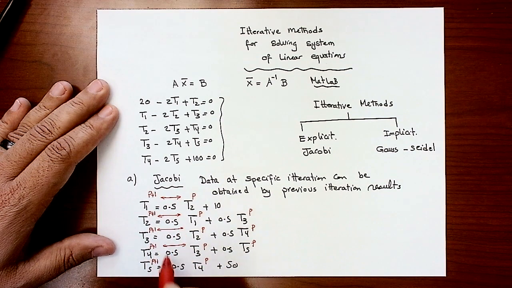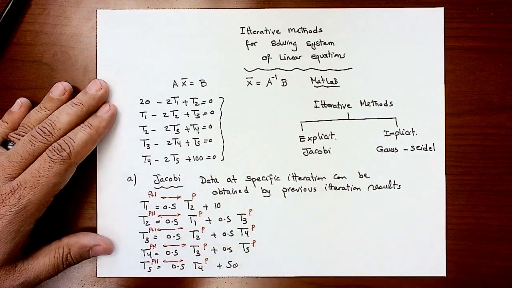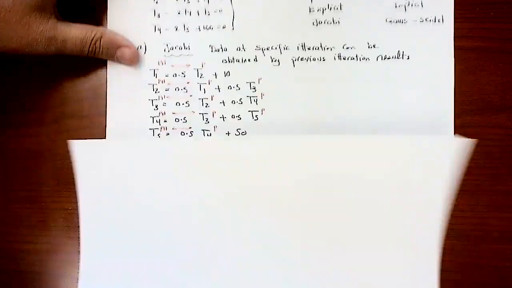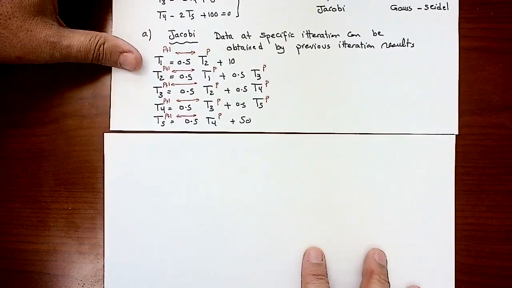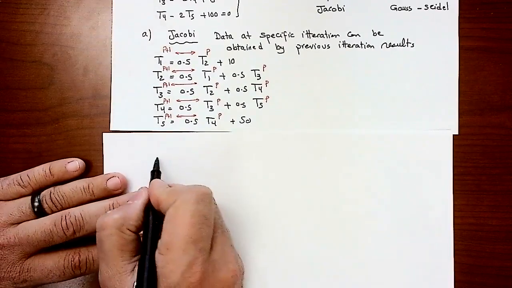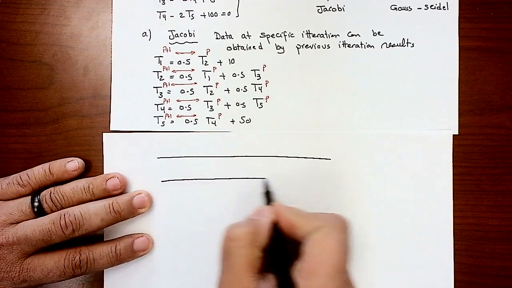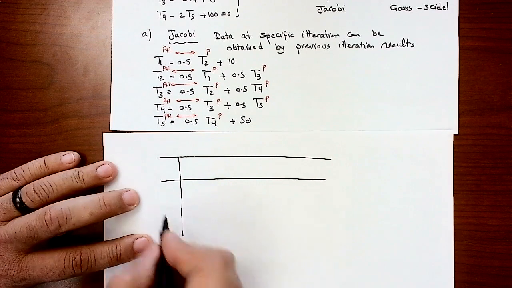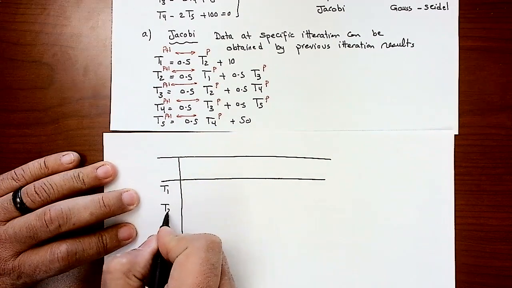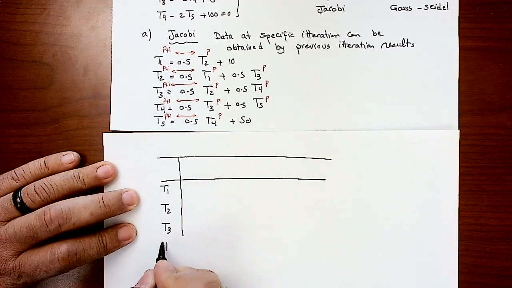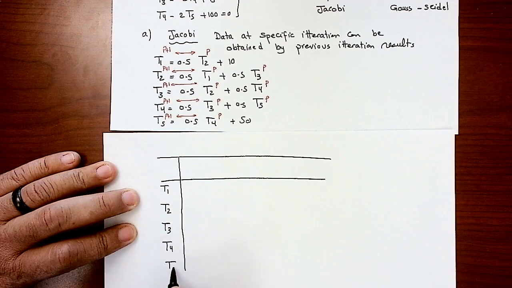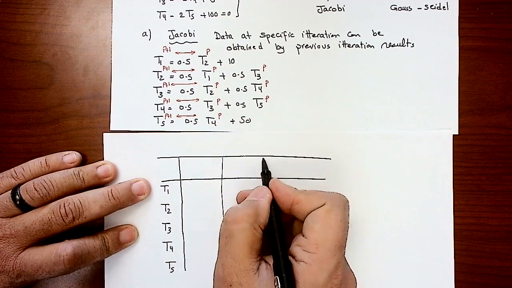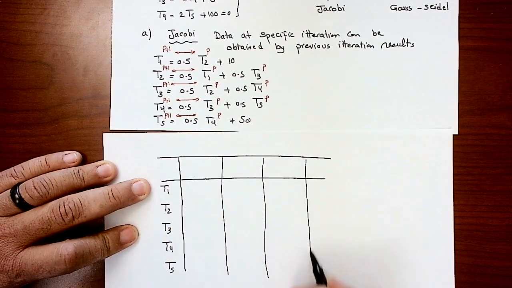So let's try to see how this actually looks. Let's assume I'm going to create a table. That's the best way to practice this solution. You're going to list the values of your temperature, T1, T2, T3, T4, and T5, and I will have my iterative values listed as I go.